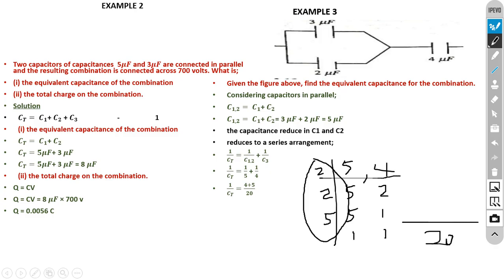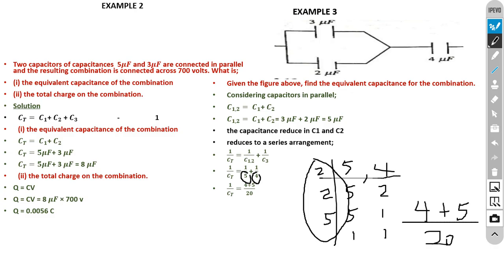Write 20 here. Alright, so assuming we use 20 here divided by 5, 20 divided by this 5 here gives us 4. 4 times the 1 at the numerator here will give us 4, plus 20 divided by this 4 here is 5. 5 times the 1 at the numerator here will give us 5.